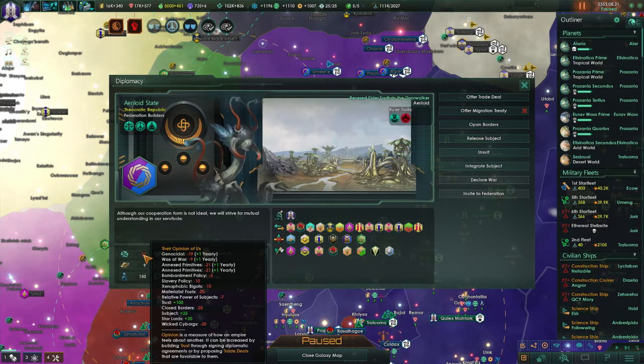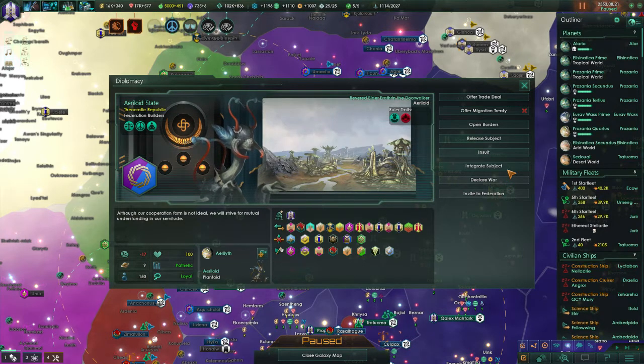If they were fanatic spiritualists, it would be minus 40. I'm a Star Lord, that's from the domination tree I just showed you, plus 20. They're my subject, plus 25. So our relationship is improving a little bit. Relative power to other subjects, minus 7. So this opinion can help influence them a little bit.